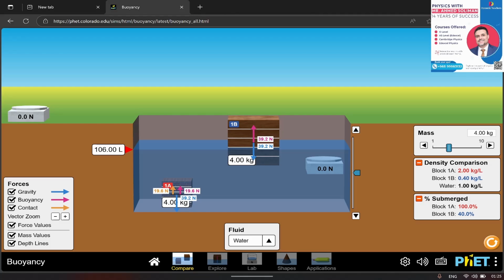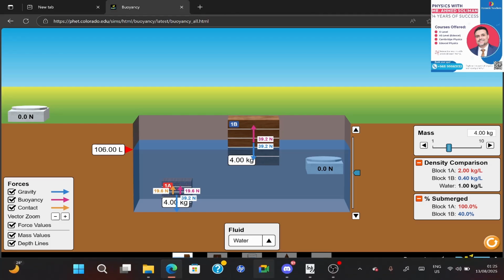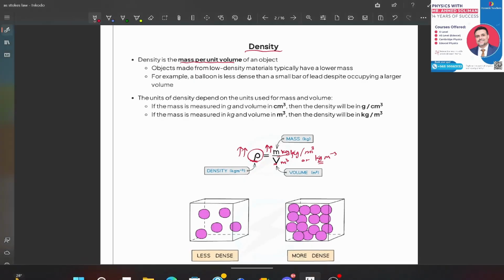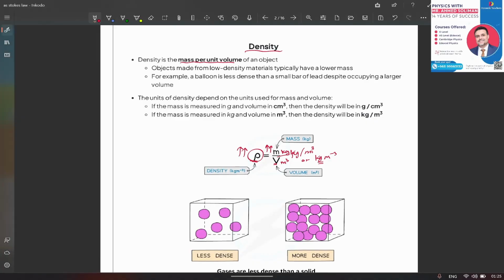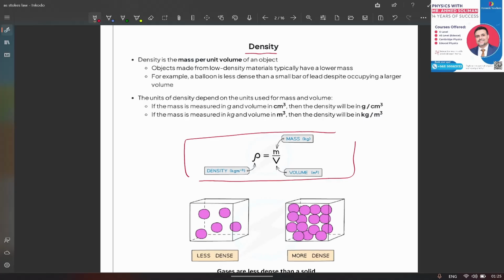Okay, so now let's start writing. When we study density, you took before the equation for density: density equals mass over volume. So what is the relationship between mass and density?